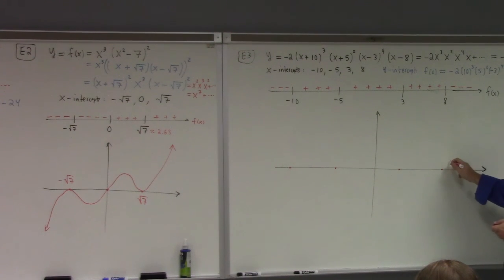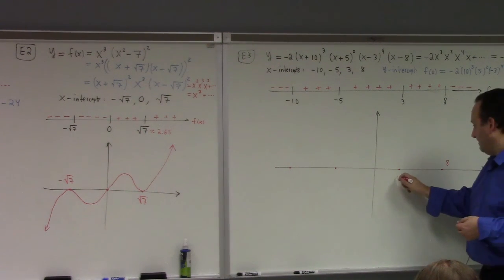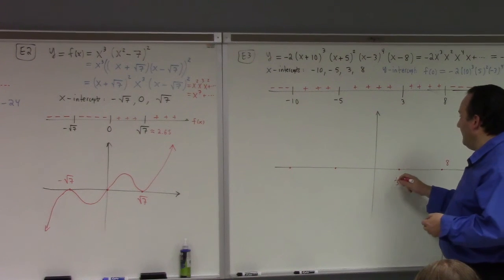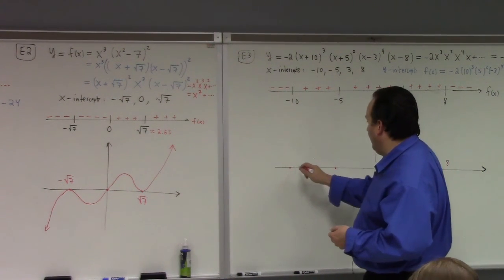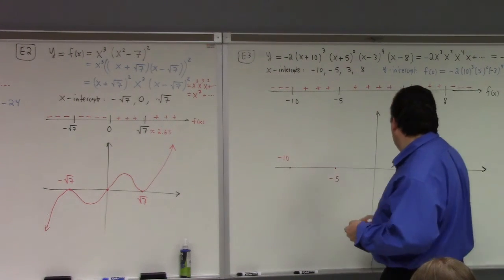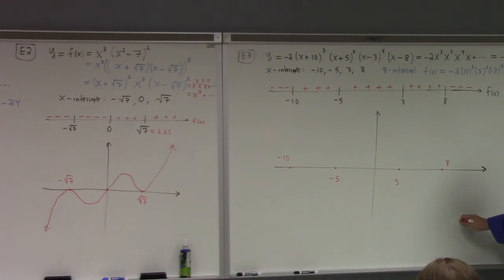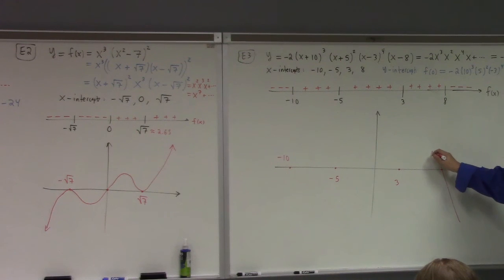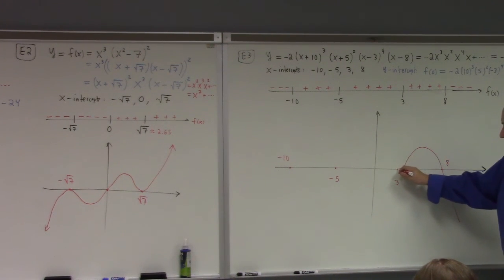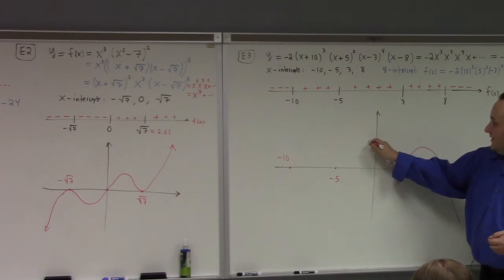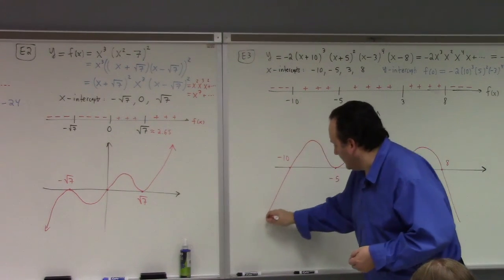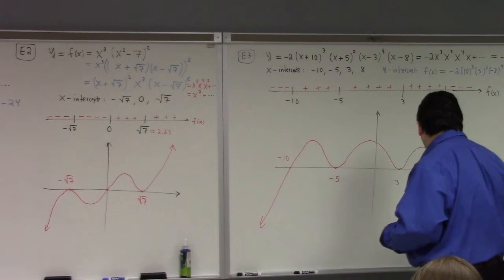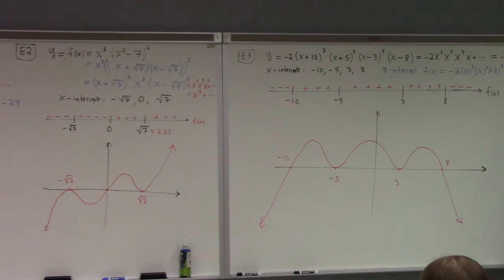And I cross through 8. All right. And then what happens? I come back, I bounce off 3, all right? And then I come back and I bounce off minus 5. And then I come back and I go through 10 like that. So there you go. That's the graph y equals f of x, roughly speaking.